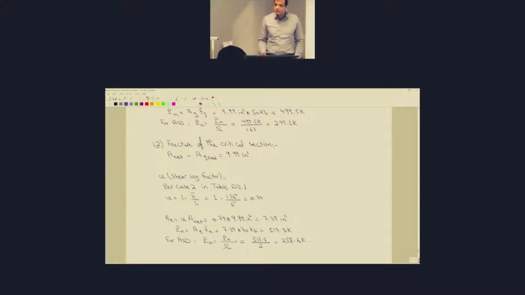So which one governs? The fracture. So that's the governing value, or governing strength.